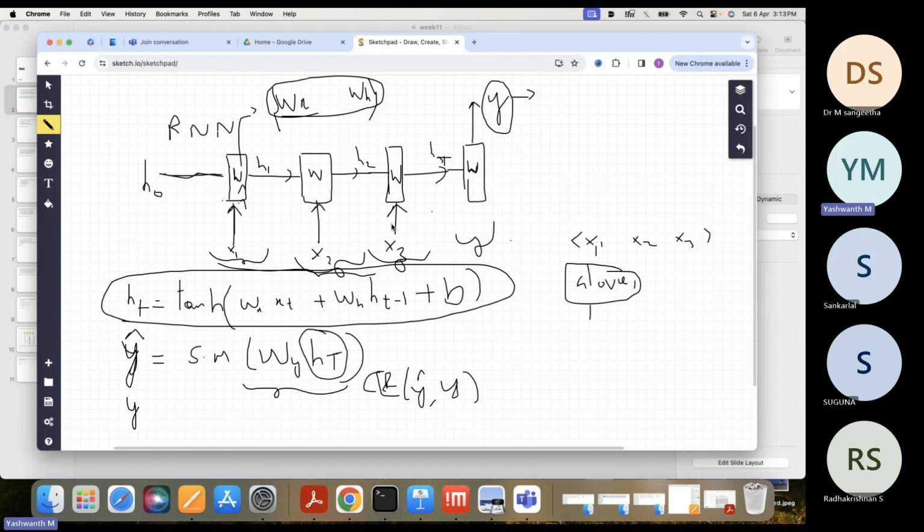Okay. So basically RNN is whatever I said, that is RNN, right? So now what are the problems with this simple RNN?